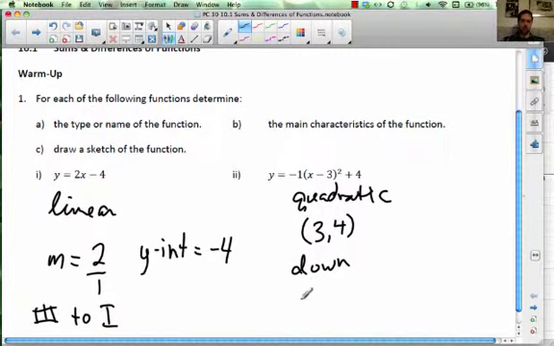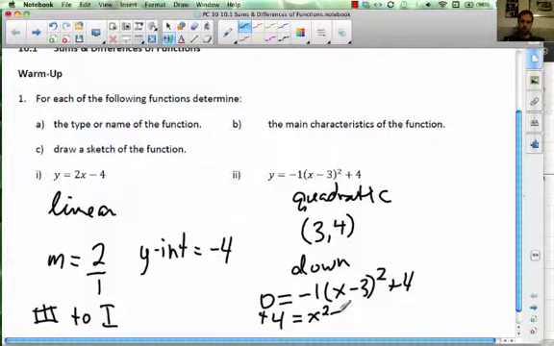So let's set y equal to 0 and solve. So 0 equals -1 times (x minus 3) squared plus 4. So -4 equals -1. I'm just going to drop that -1 over to the other side, and we get (x minus 3) all squared. Just expand this, and you get x squared minus 6x plus 9.